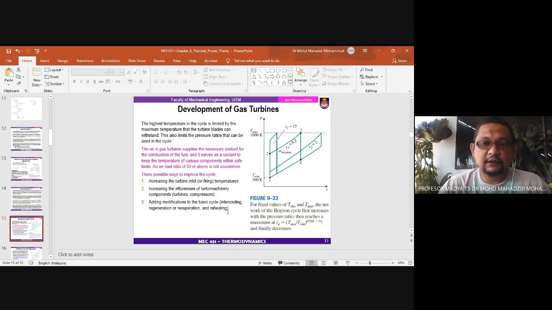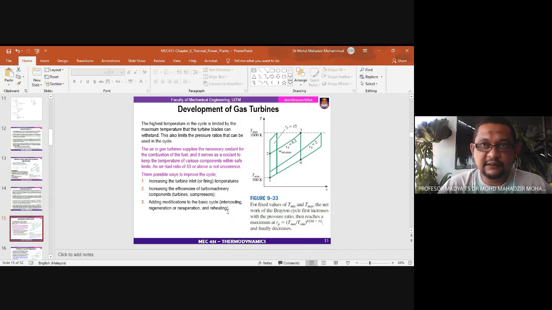But this gas turbine engine or gas turbine power plant is so expensive and difficult to make yourself, and it has some advantages and disadvantages. So there are possible ways to improve the cycle.